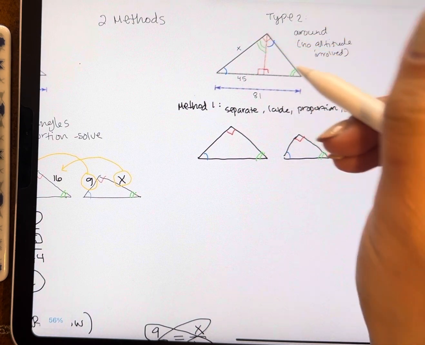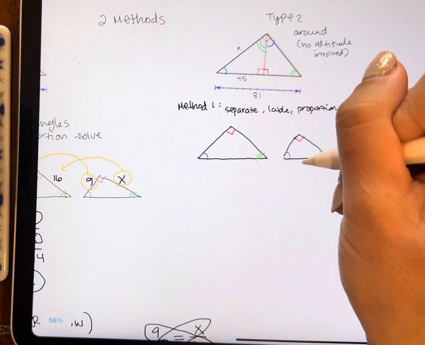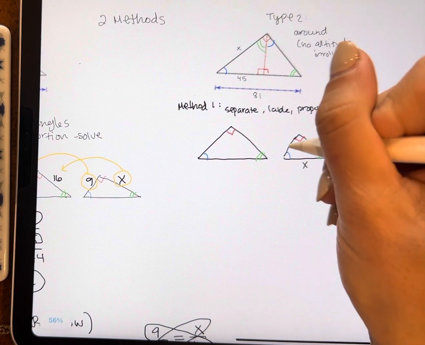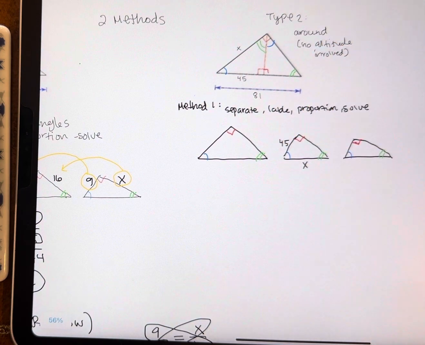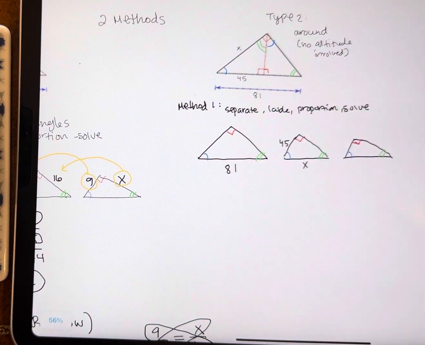So the X is across the right angle on the medium triangle. The 45 is across the green in the medium triangle. The 81 is the hypotenuse of the largest triangle. And then it appears, did I have nothing else?